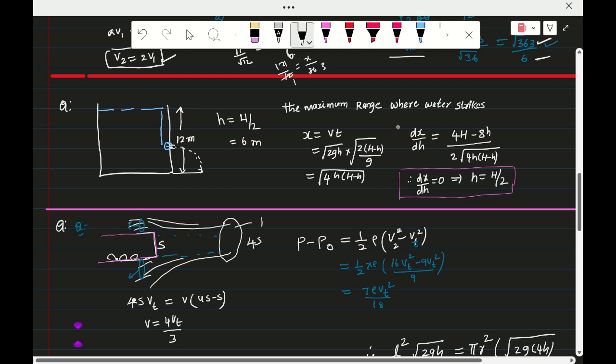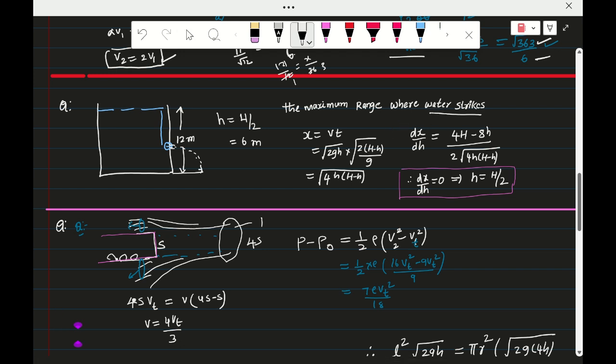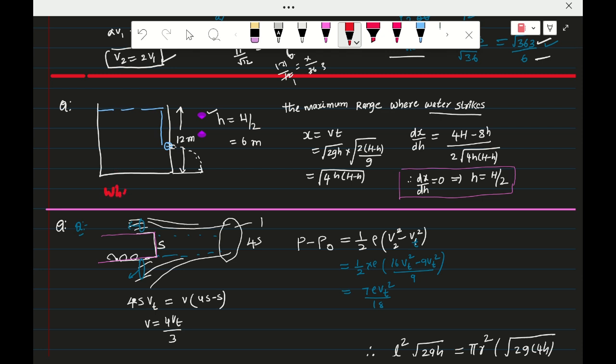The maximum range where the water strikes, then the height of the hole. They are asking what the height of the hole is, or where the hole should be to achieve the maximum range where the water strikes. That means if the hole is above or below, there is no way to achieve the maximum range.